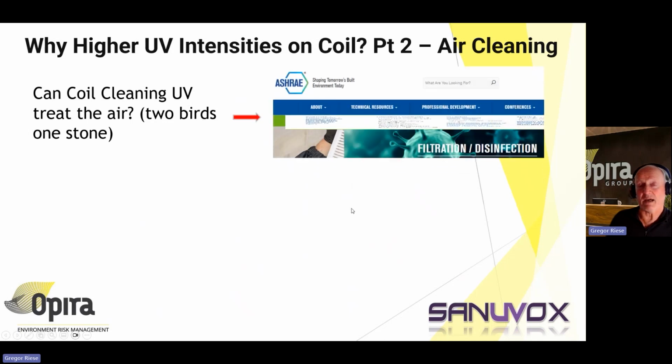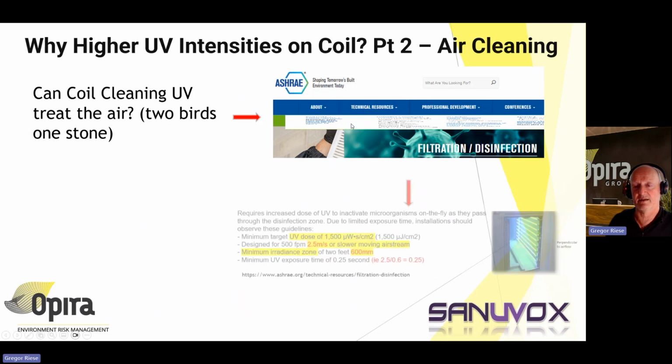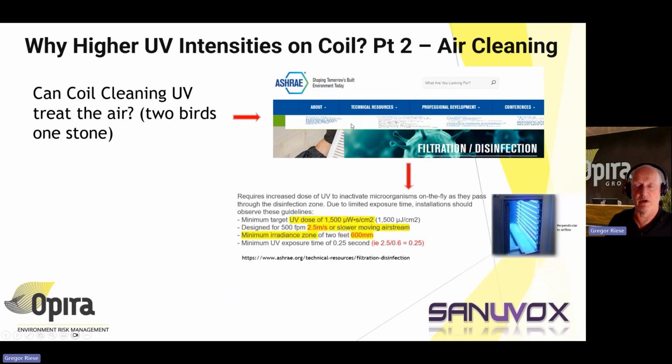The other reason why you may wish to go for higher intensities is to essentially kill 2 birds with 1 stone and try to achieve some degree of air cleaning. ASHRAE has given some guidance around this on their website as a result of COVID, in the context of trying to kill a significant amount of COVID.